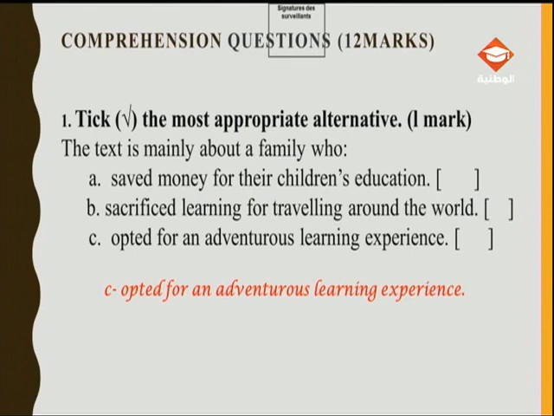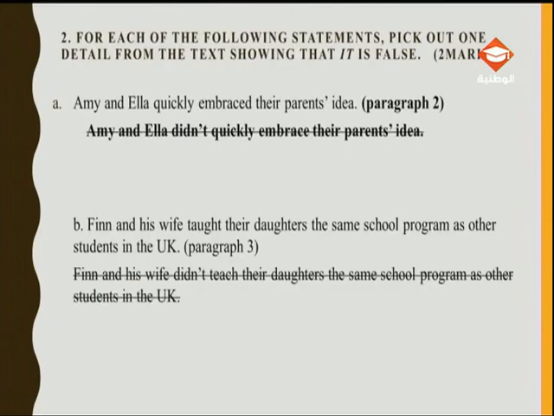The second question that was assigned, the false statements. For each of the following statements, pick out one detail from the text showing that it is false. So, the first sentence, Amy and Ella quickly embraced their parents' idea. And you have the paragraph. So you have to go to paragraph 2 and look for the answer in paragraph 2.